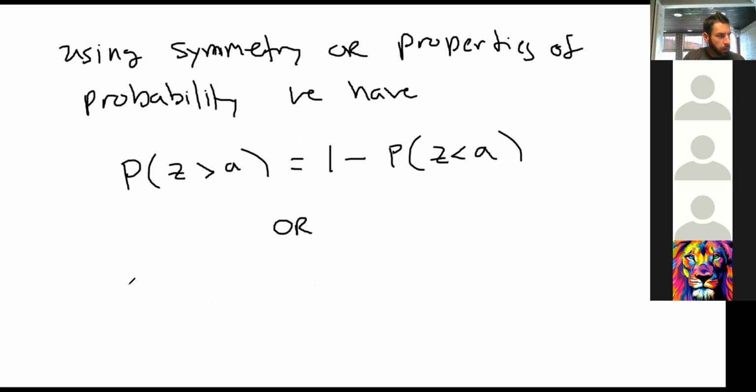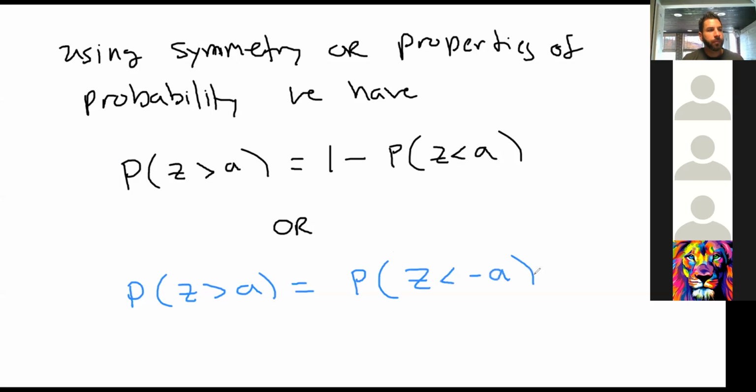So if I wanted to know the probability that Z was greater than A, another way I could define it is the same thing as the probability that Z is less than negative A. So let's write down where both of these things come from. This is the idea of the complement right here.